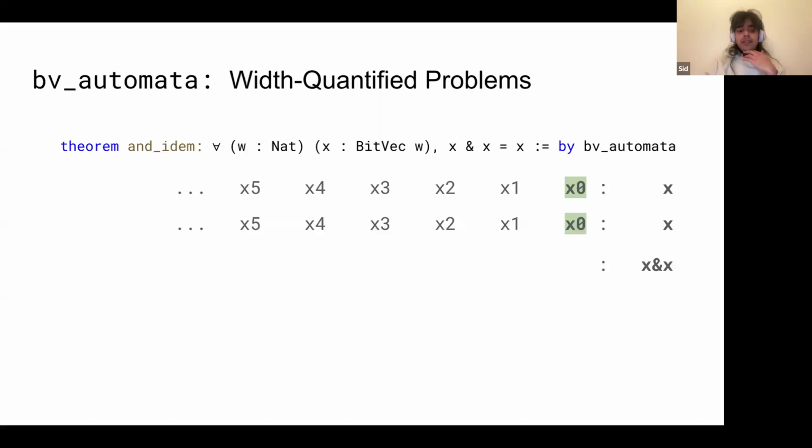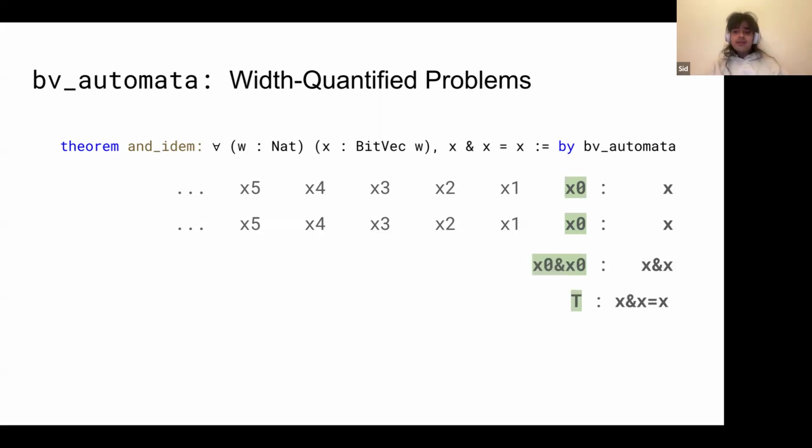The way we view this problem is the following. Instead of thinking of a bit vector as some kind of finite list, we view the universally quantified bit vector as an infinite bit stream. So in this case, the first bit is going to be x naught.